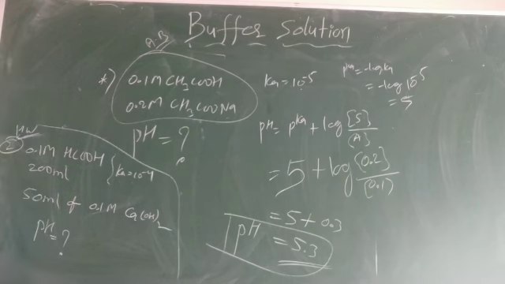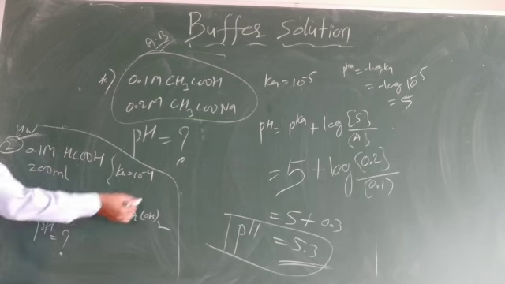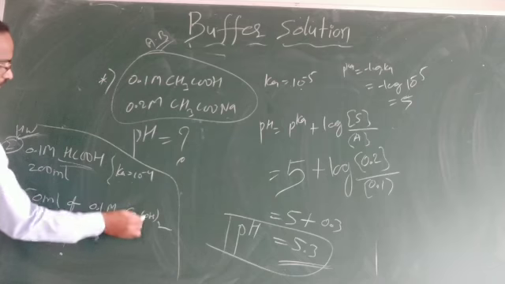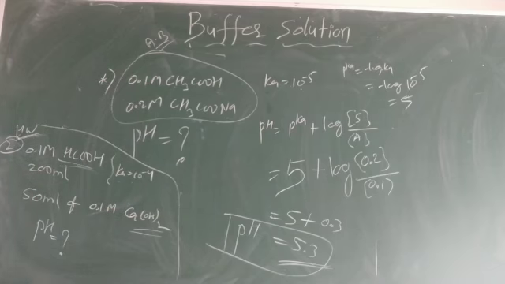See, this we can also use the same way, but you have to calculate the concentrations of salt and acid. Here the acid and calcium hydroxide are reacting, and you have to check from the balanced equation which concentration will remain. Then the answer will be 4. Once you try it, if you are not getting it, then I will explain. The answer pH equal to 4 should come. Try it.